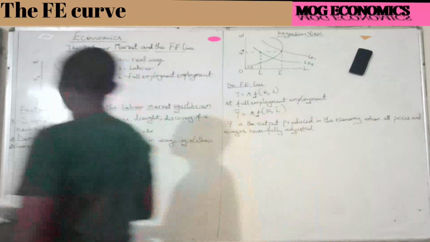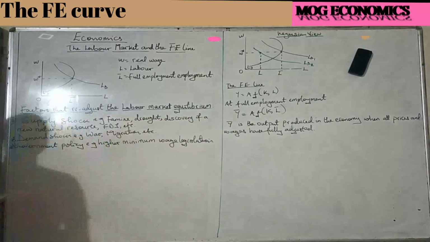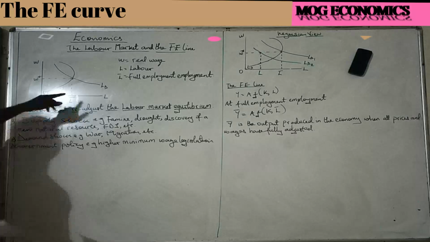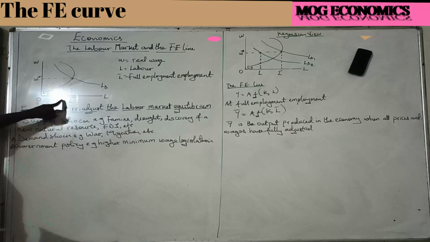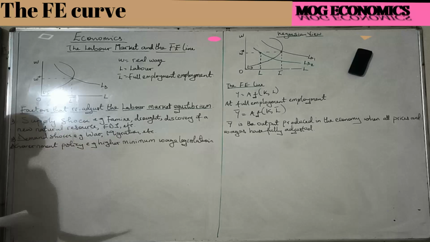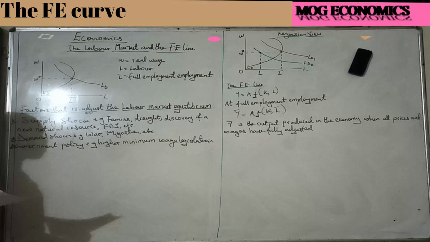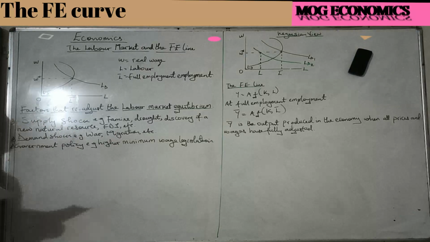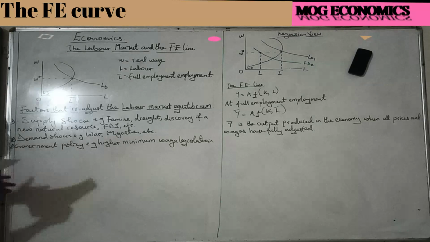So W represents the real wage, L is labor. At equilibrium we have L bar, which is full employment. This is telling us that the market is clearing.